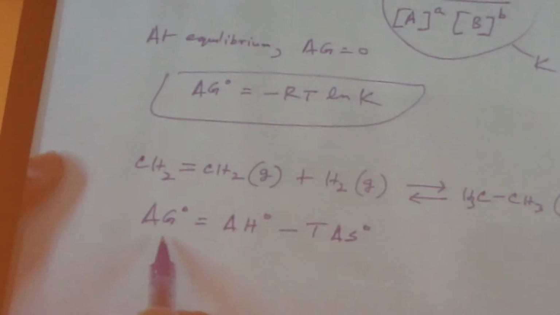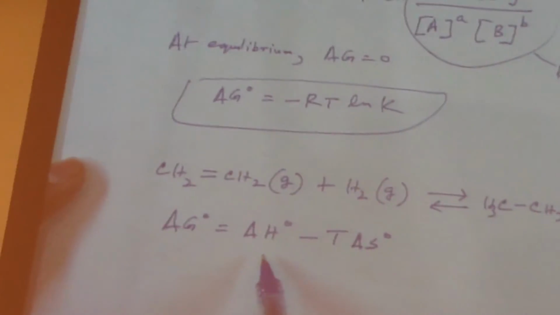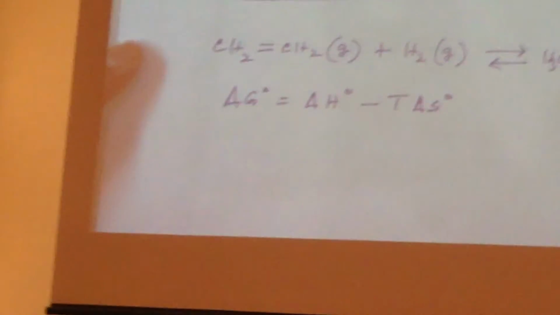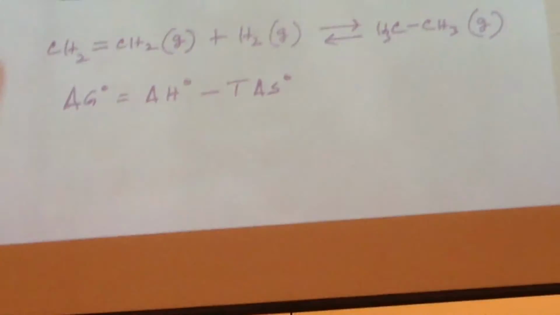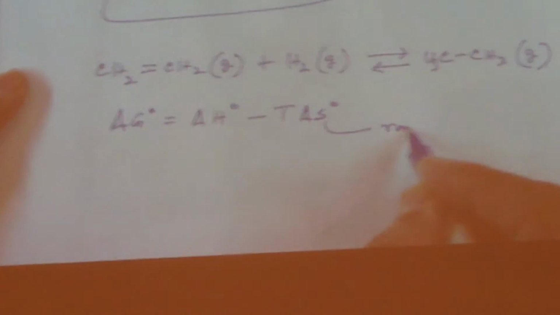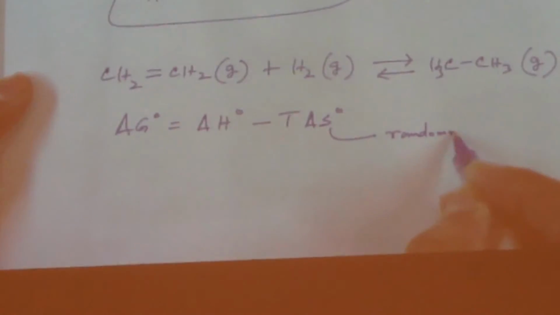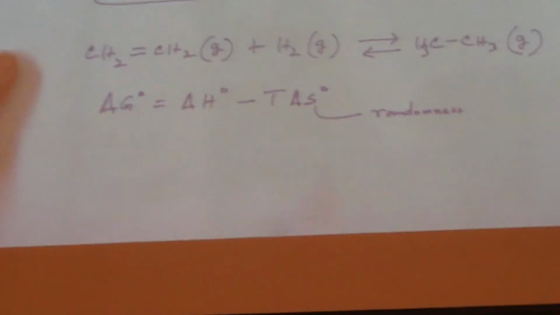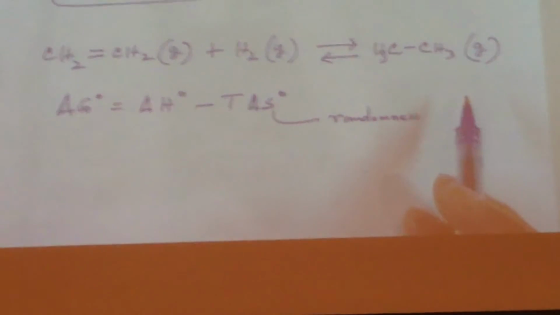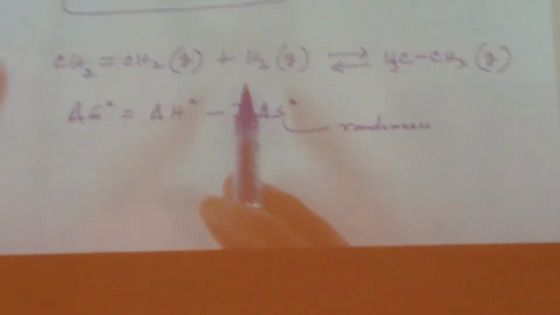This is the Gibbs free energy. This is the enthalpy content, something that we already have used several times in terms of hydrogenation and other things. And this is the entropy part. Okay? So entropy is the randomness of the system. So entropy, going from left to right, is unfavorable because you're generating one system from two systems.